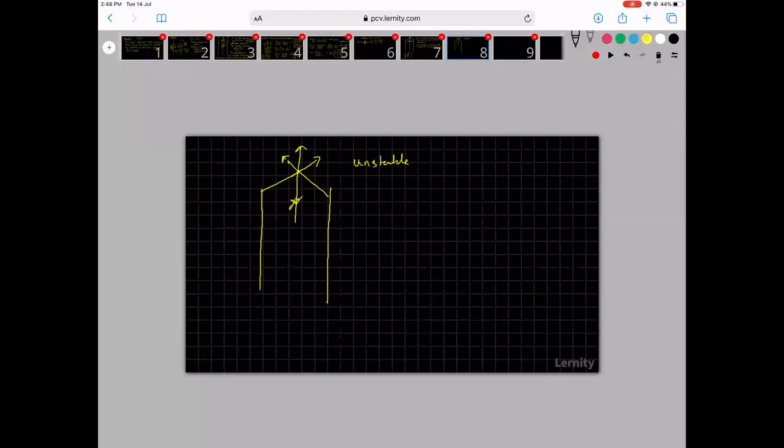On the other hand, if it carries a current parallel to it, this will be pulling like this, and this will be pulling like this. The resultant will be pulled like this, so it will come back to its mean position. So stable equilibrium. So parallel currents, stable.